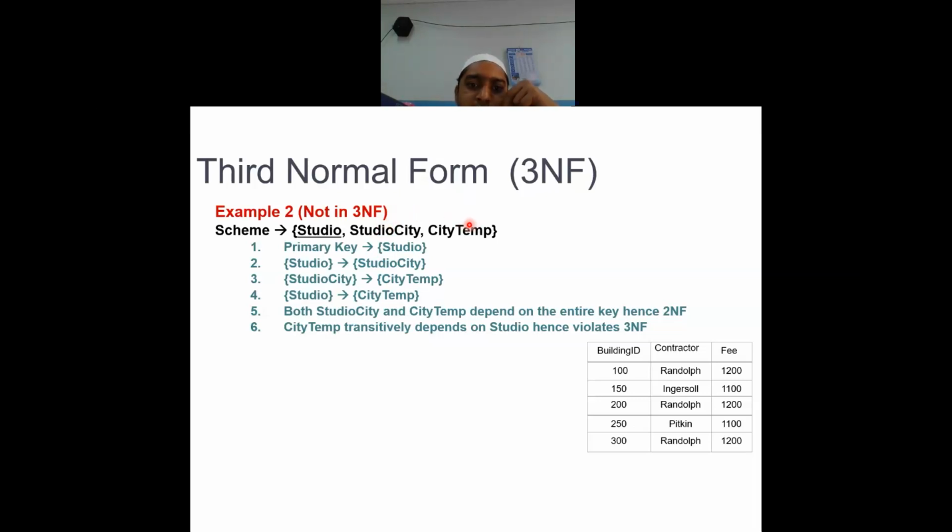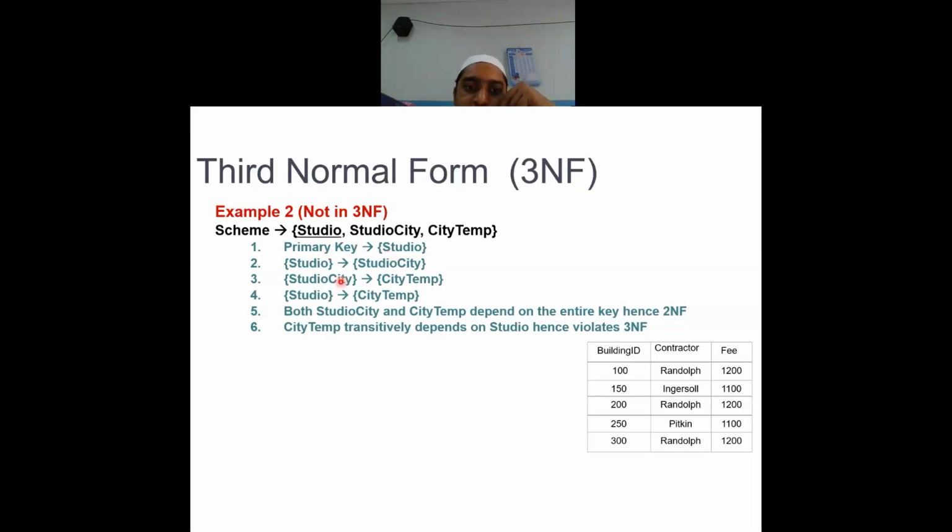Is the city temperature dependent on the name of the studio? No, it is dependent on the city in which the studio is present. Correct. So city temperature is determined using studio city, but studio city is determined using the studio name.